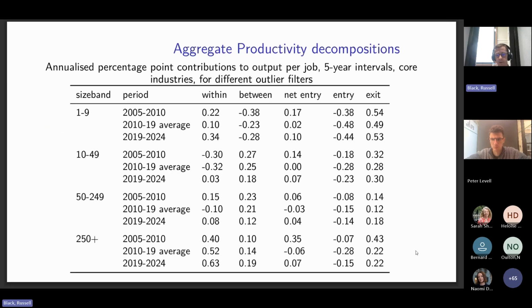The main difference is exit is a large size band change. So if we just look at the exit contribution from the smaller size bands for SMEs, 2005 to 2010, 1 to 9 firms produced 0.5 percentage points to the economy by exiting.